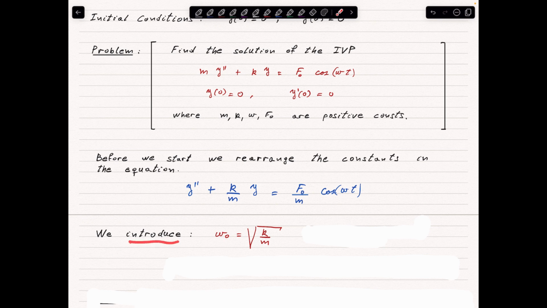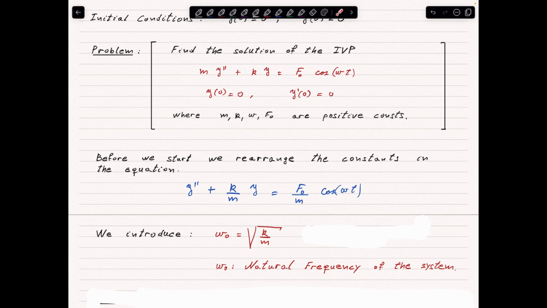So we introduce the number omega 0 as the square root of this number, which is well defined because that number is positive. That number is called the natural frequency of the system. Why is it the natural frequency? We are going to see that in a minute.